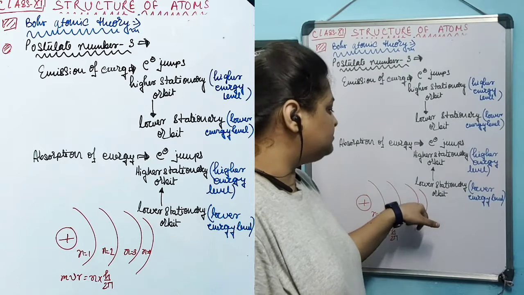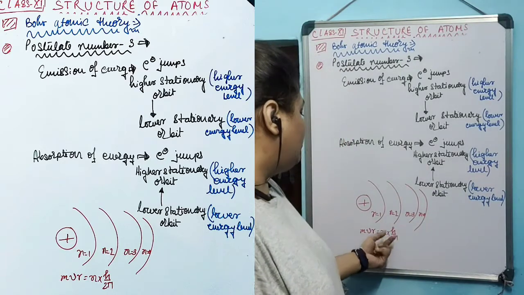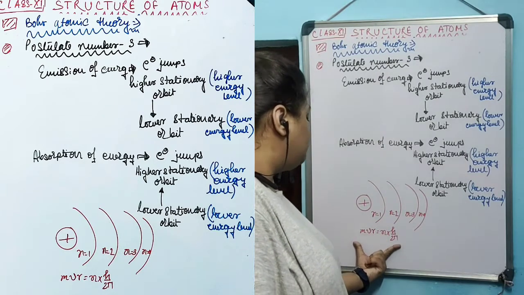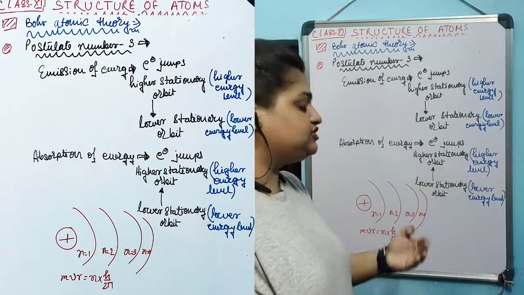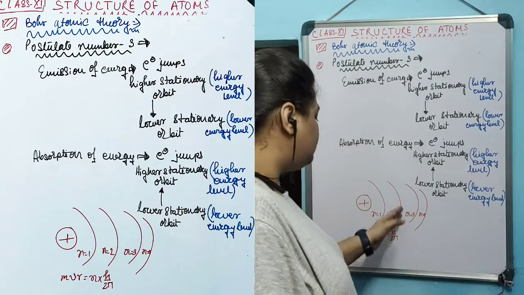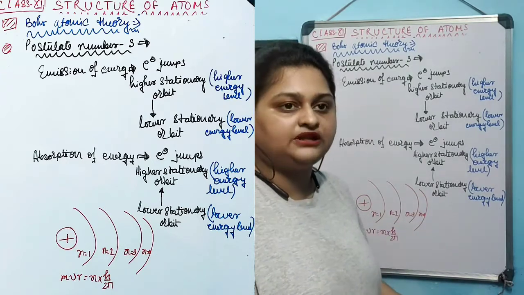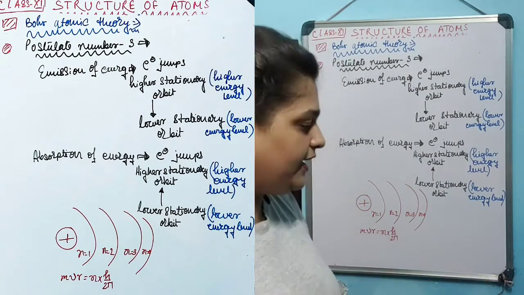If it is revolving in the third permitted circular path, third energy level, then by putting the quantum number 3 I can find out the angular momentum, that is mvr3 equals 3 multiplied by h by 2 pi. So it is always going to be an integer multiple of h by 2 pi. The angular momentum in the permitted circular path is always an integer multiple of h by 2 pi.